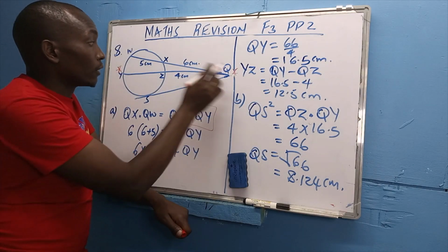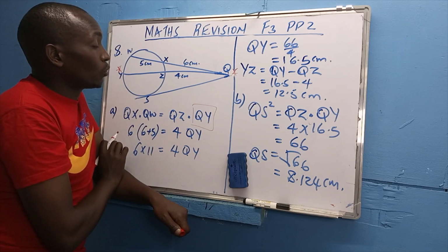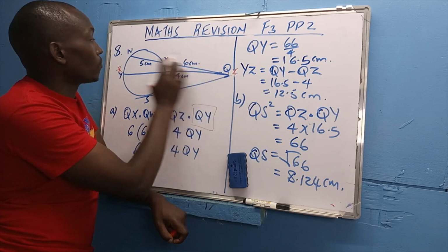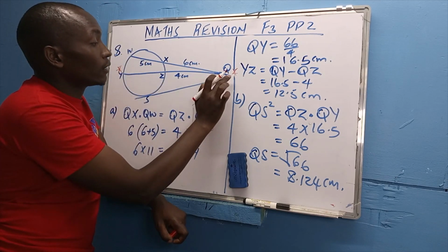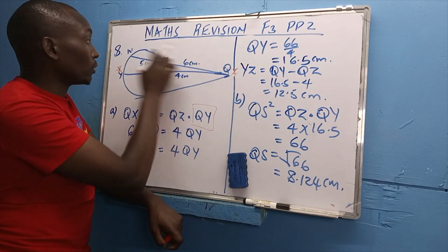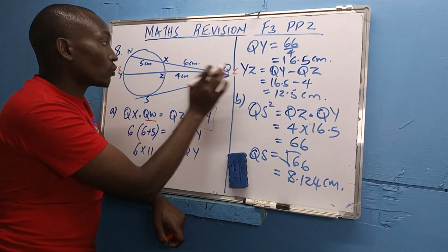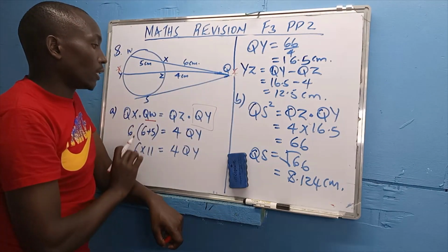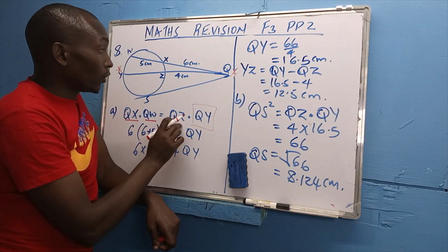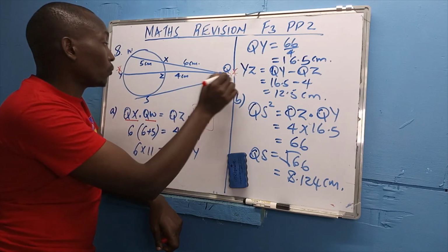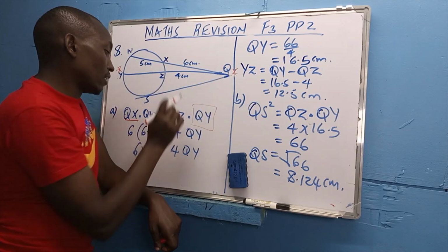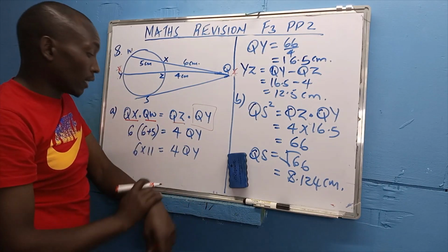If I'm given two extended chords meeting somewhere externally, the length of the chord and the produced section, QW multiplied by QX, will be equal to the other one, QY multiplied by QZ. I think that's something you should know.